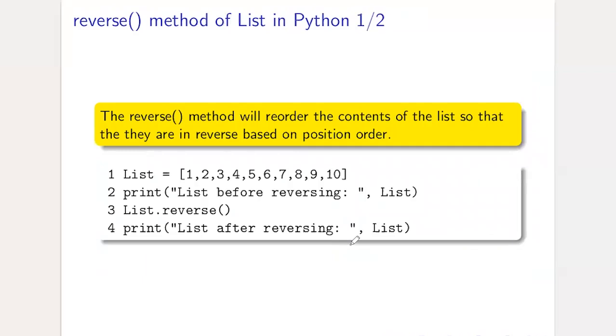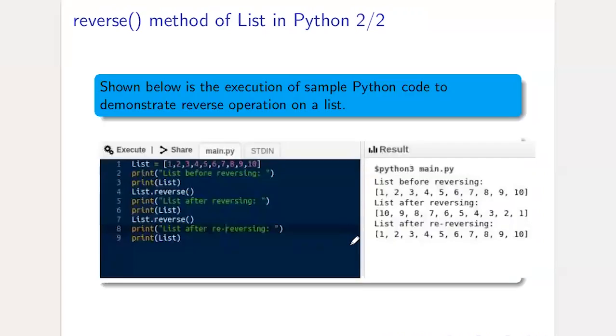Right. So the reverse method is another built-in function that will reverse the list. So what you are doing here is doing the sort with reverse set to true. Okay.